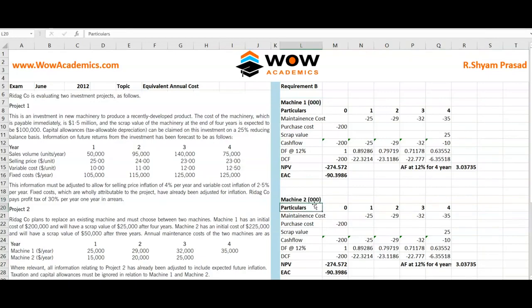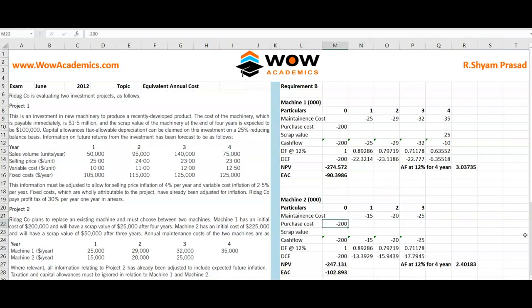Machine 2 has a cash flow for only 3 years, so we'll cut the 4th year fully and work it out. The maintenance cost would be 15 for the first year, 20 for the second year, and 25 for the third year.